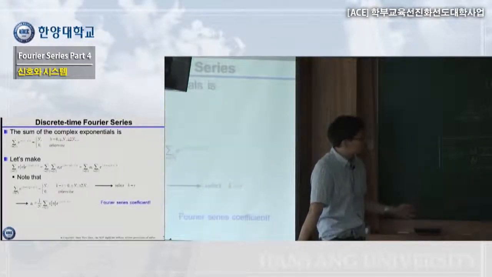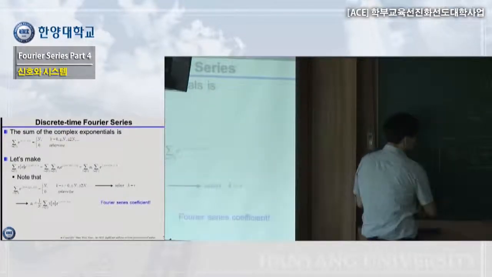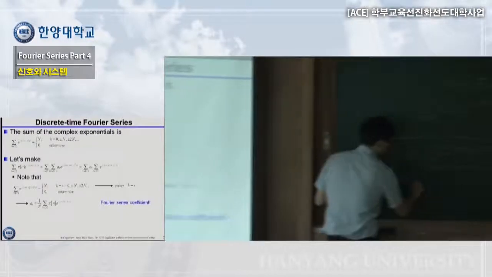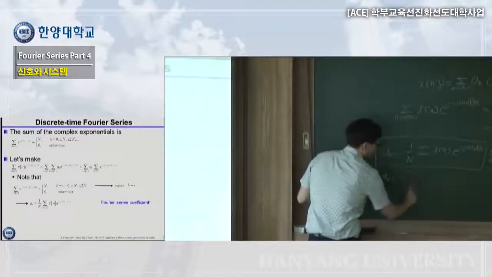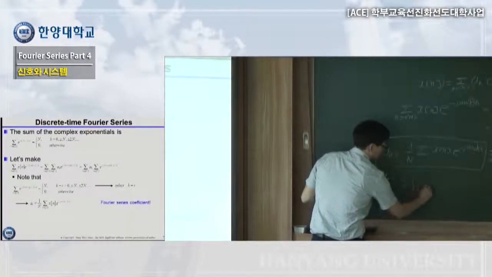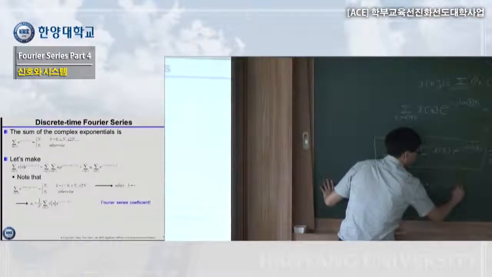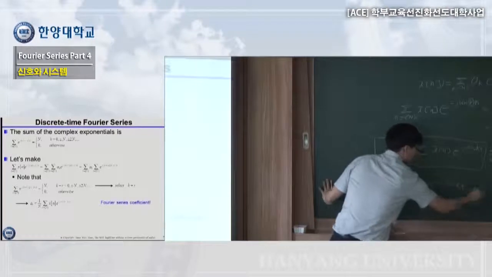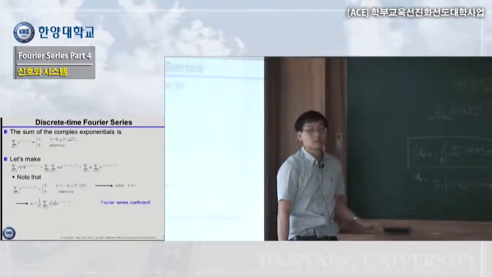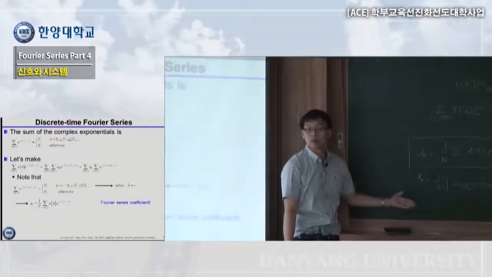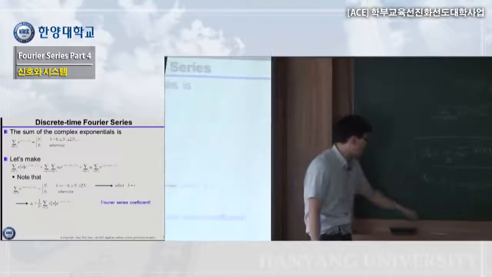So this is very similar to our continuous time case, which is a_k equals 1 over T times the integral of x(t) exponential minus j omega 0 k t dt. Right? This is our continuous time case. This is our discrete time case.